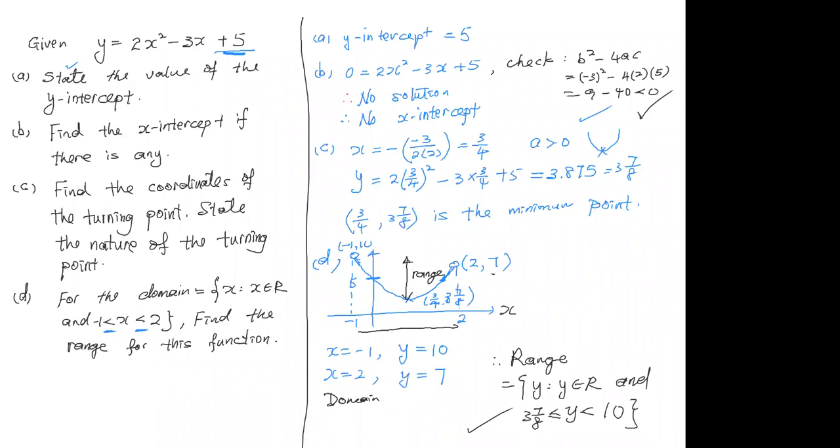So domain means all the possible values for the object when you talk about function, and range is all the possible values for the image. Range is specifically for image.